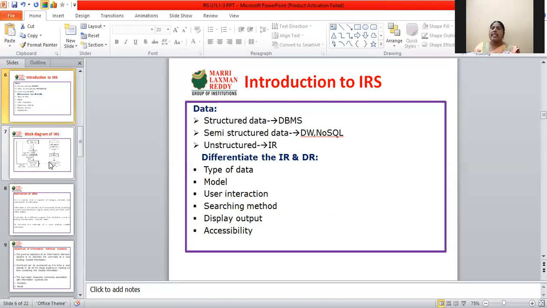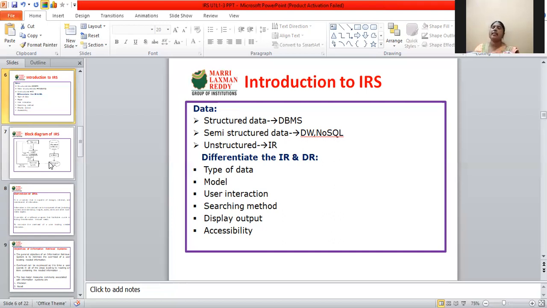In data retrieval, user interaction is compulsory, applying the SQL queries. Only using the SQL queries the user is interacting with the data retrieval and structured data. In information retrieval, any user is interacting with the unstructured data.